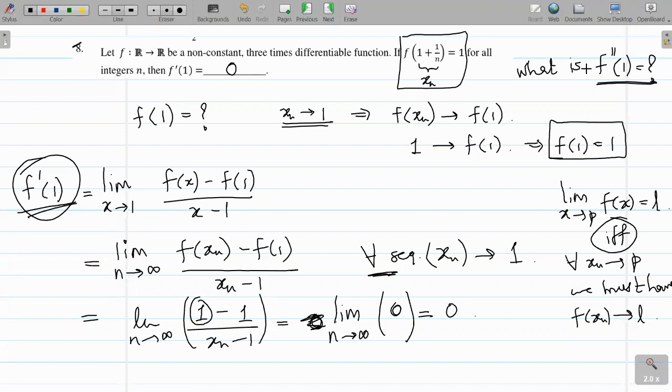Actually, yes, we can compute f double dash 1 also. How do we go for that?